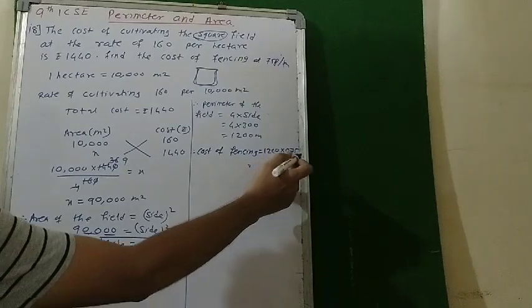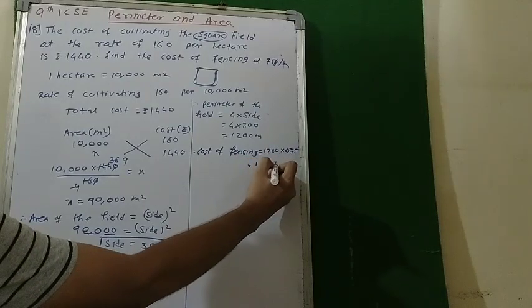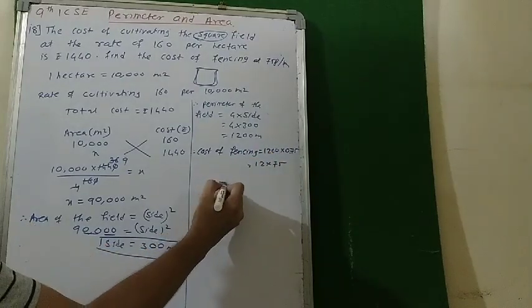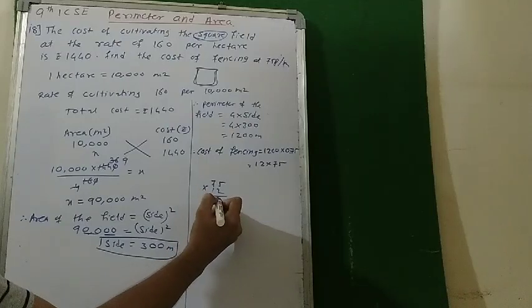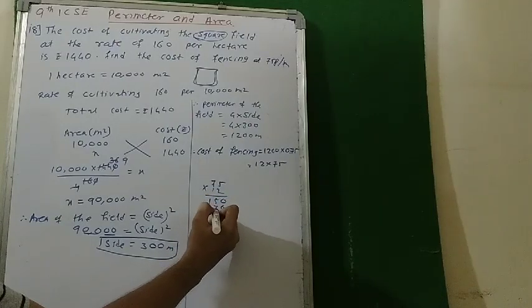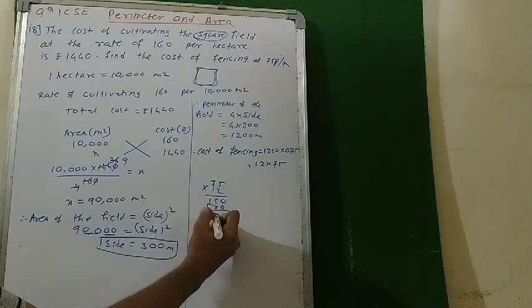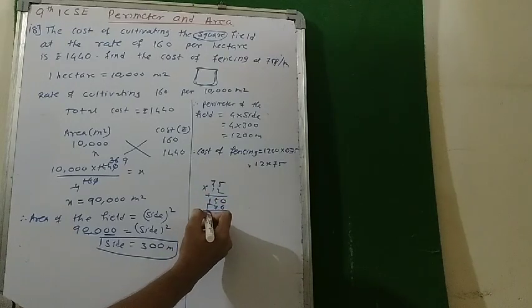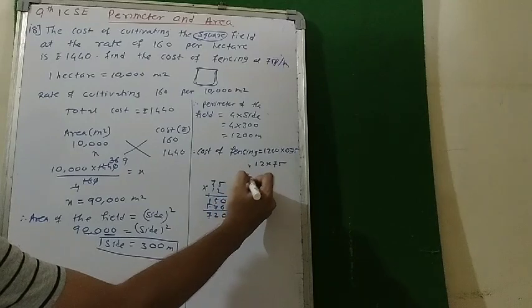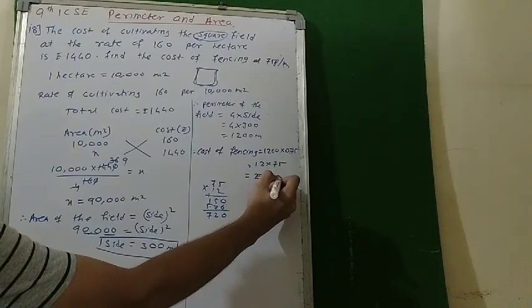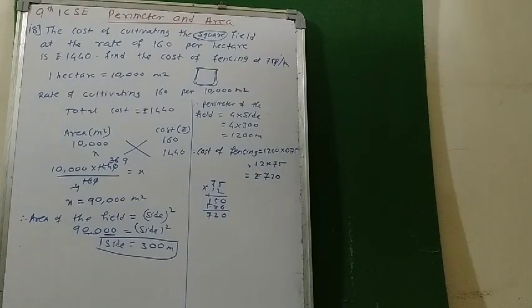So 1200 multiplied by 0.75 is 12 into 75. 75 into 2 is 150. And 75. So it is 720.